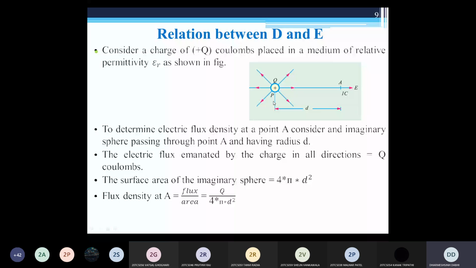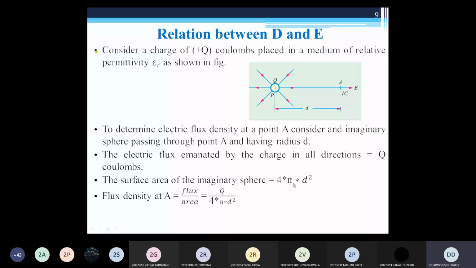Assume that this is one large sphere and the center of this sphere is the charge. So the radius is d, and this sphere is passing through point A. The electric flux emitted by this positive charge Q in all directions is equal to Q coulomb, and the surface area of this imaginary sphere with radius d is what? 4 pi d square. As you know, the area of a sphere, if the radius is r, is 4 pi r square. Here the radius is d, so the surface area of this imaginary sphere is 4 pi d square.